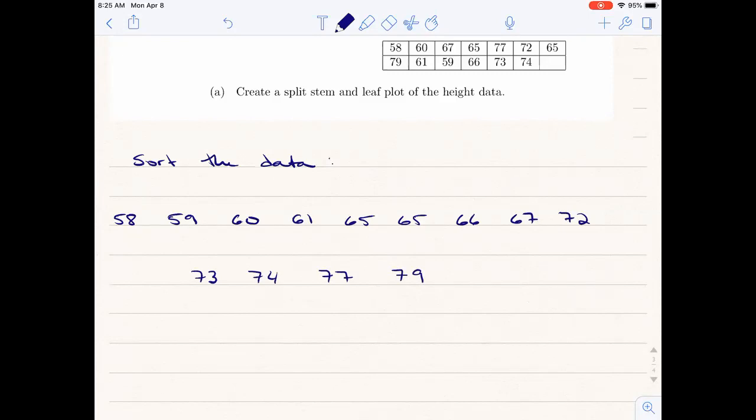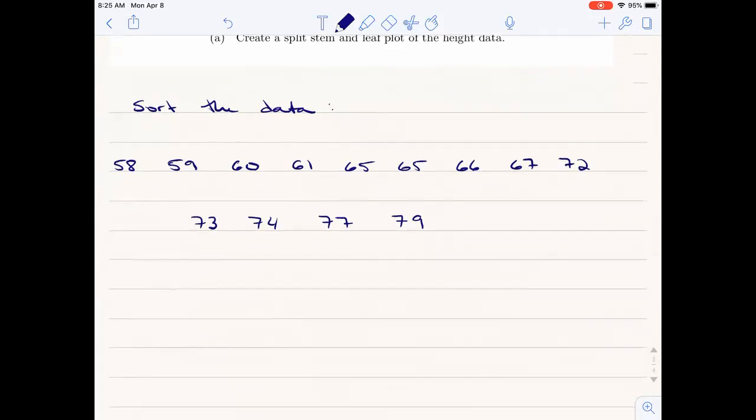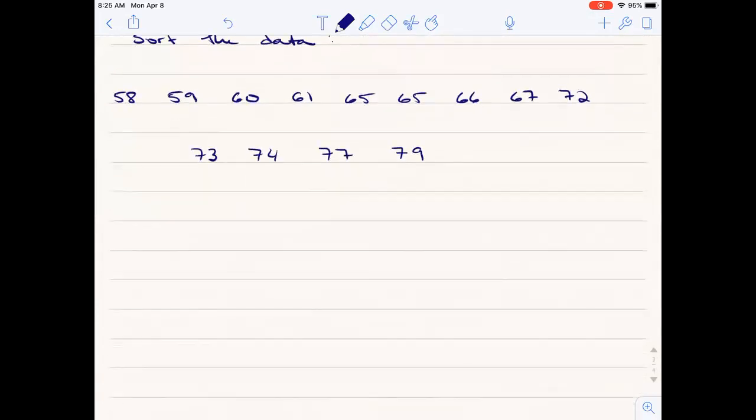Not ideal to not have enough room, but whatever. So looking at these, remember our stem and leaf plot, we had our stem, which is going to be our 5, 6, and our 7. And a split stem and leaf plot just means that we split our 6 and our 7.